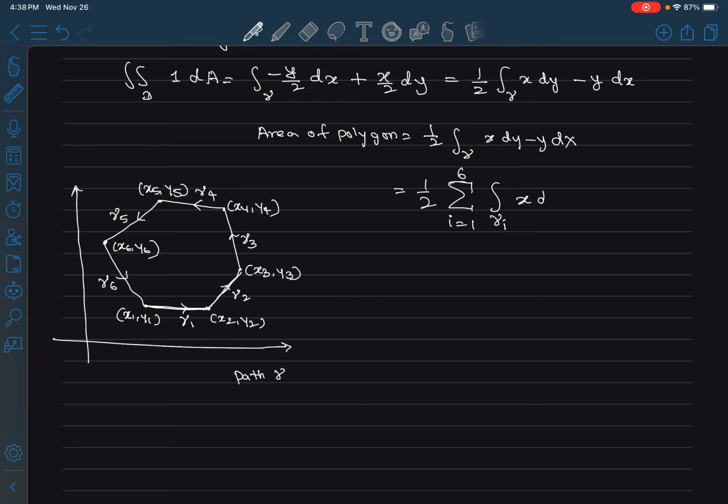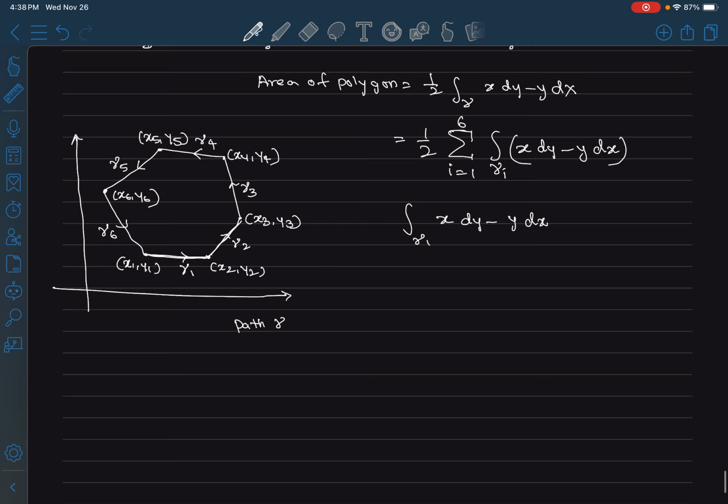So this becomes x dy minus y dx. Now to calculate this integral, I will show you how to do it over gamma 1, and everything else will be similar. What you can do is first parameterize this curve.